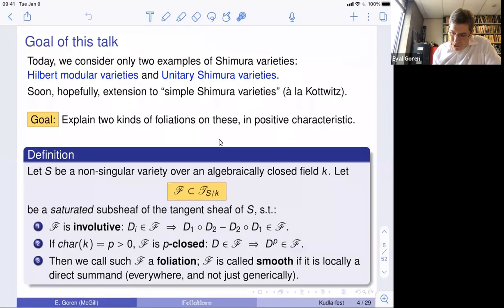It's not true in characteristic 0, but it's true in characteristic P. And we require that F is also closed under this p-power operation. So there's some sort of lack of uniformity in the definition between characteristic 0 and characteristic P. When those conditions hold, depending on the characteristic of K, we say that F is a foliation, and we call it smooth if it is locally everywhere a direct summand of T, and not just generically so.